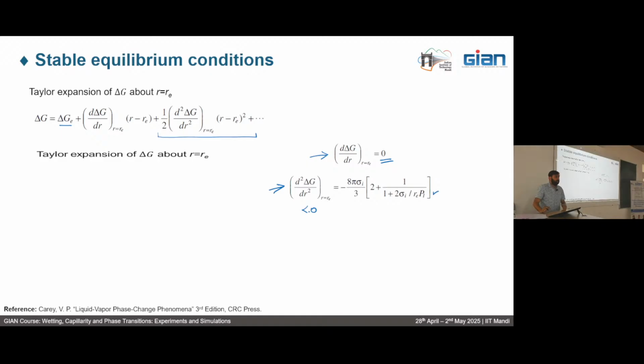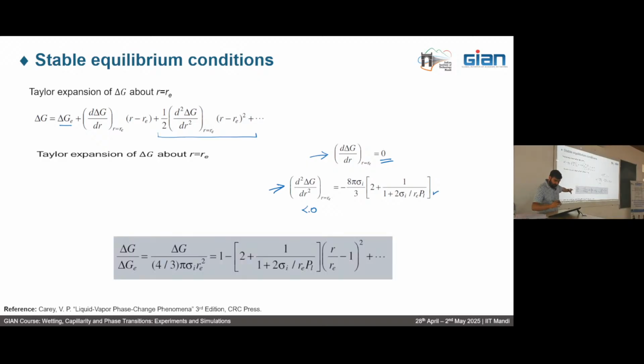It means that this is a point of maxima. So having a point of maxima in the Gibbs free energy means that this state is an unstable state. So whenever homogeneous nucleation takes place inside a superheated liquid, that at R_e is an unstable state.